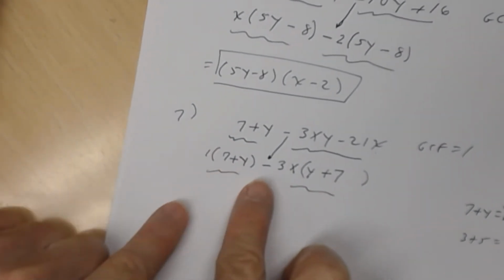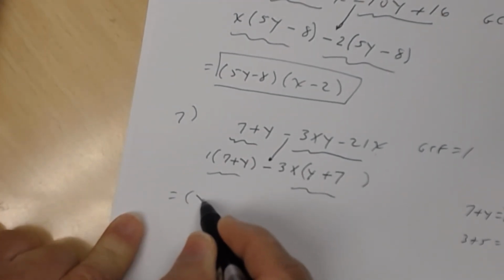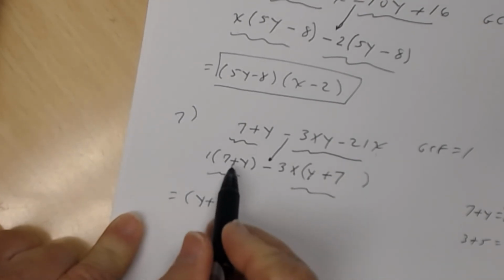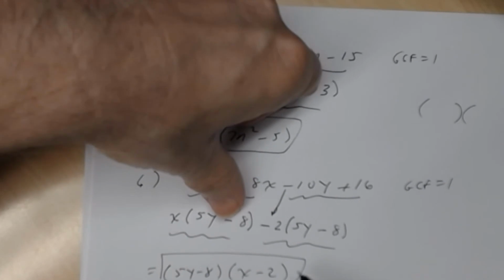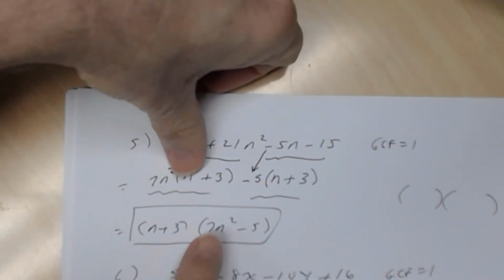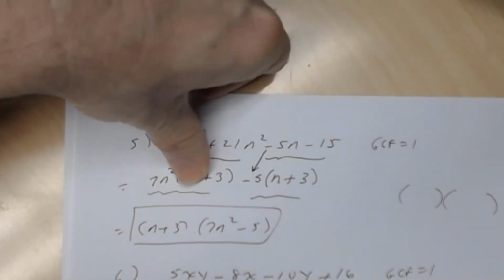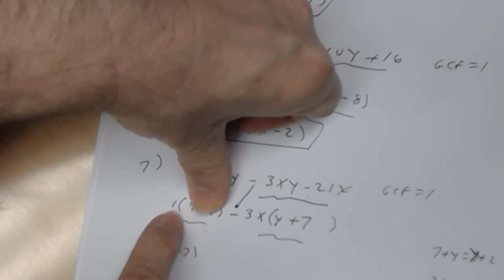So I'm going to factor this out, and we're going to write it as y plus 7. So I'm going to factor the y plus 7 out. This is y plus 7, even though it's written as 7 plus y. But remember, when we factor out those common factors, there was always a factor here. There was always a factor here. So that's why I needed a 1. I needed that 1 here so I can see this factor. So that's a 1.